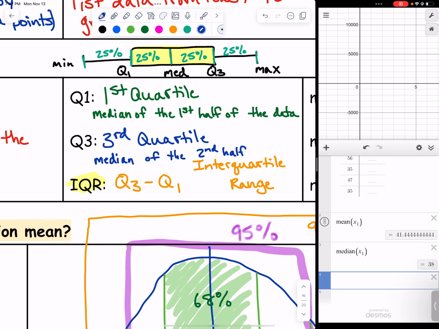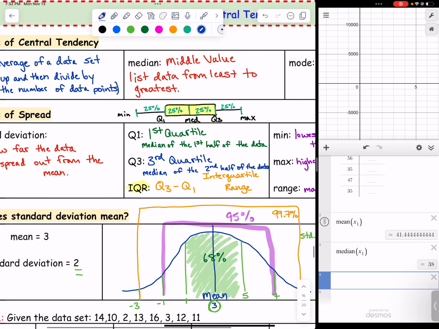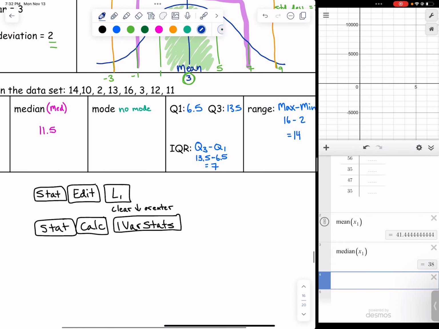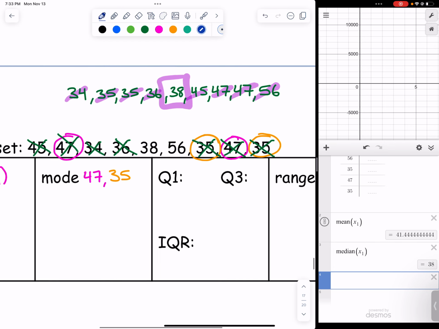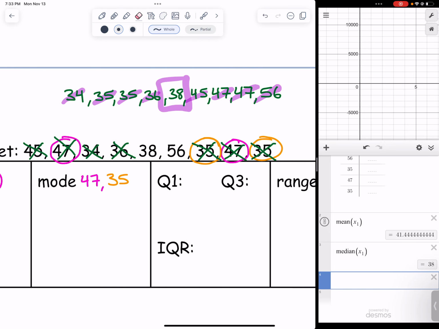Okay, so quartile 1, the median of the first half, that's why it's called quartile 1. And then the third quartile is the median of the second half. So now that we've got everything in order and we found the median, we just have to do it again and figure out the median of the first half.